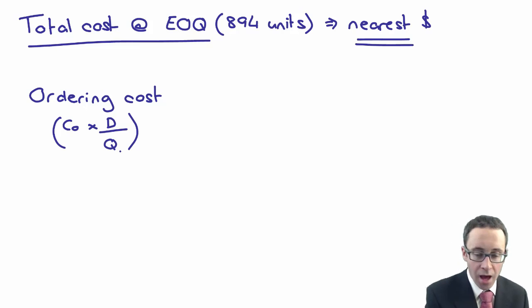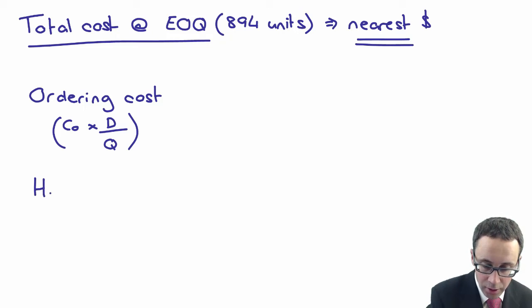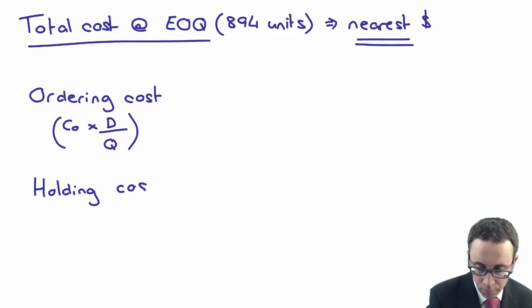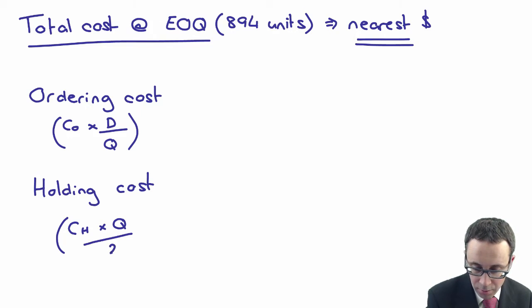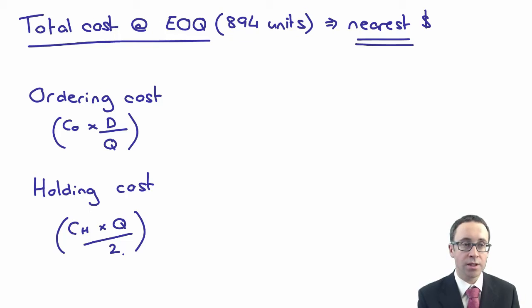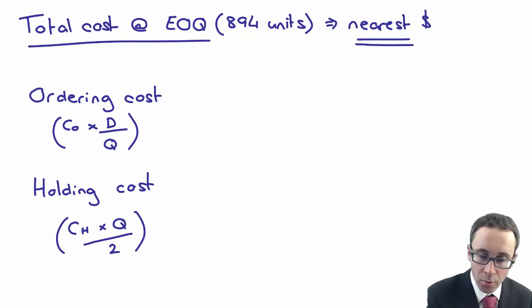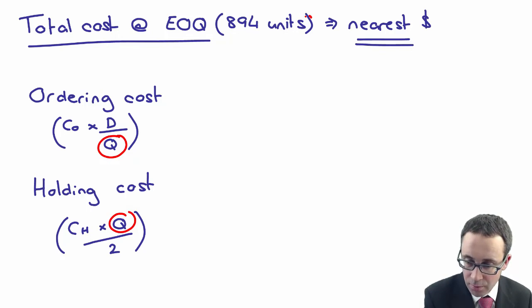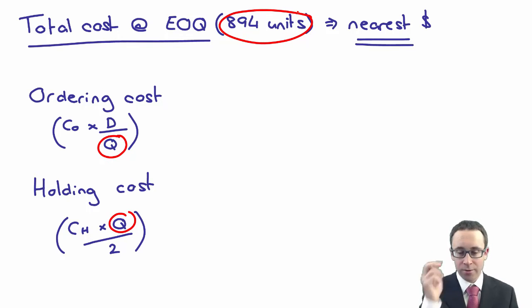Then we need to look at your holding cost, which takes your holding cost and multiplies by the quantity over 2, doesn't it? So remember, we know what the economic order quantity, Q, is, don't we? Because Q is the 894 units, isn't it?